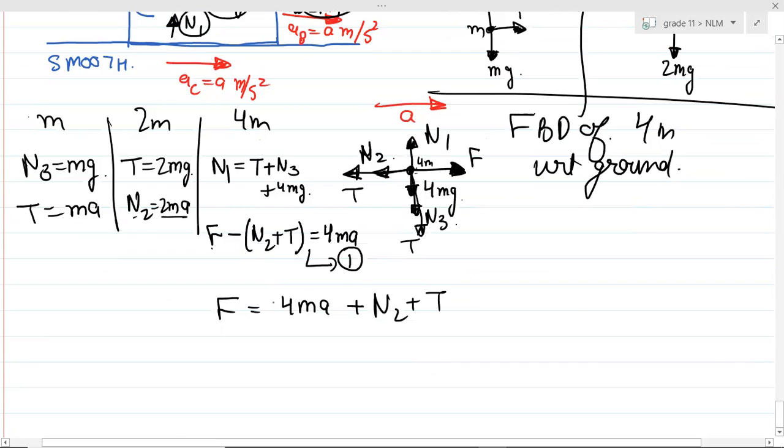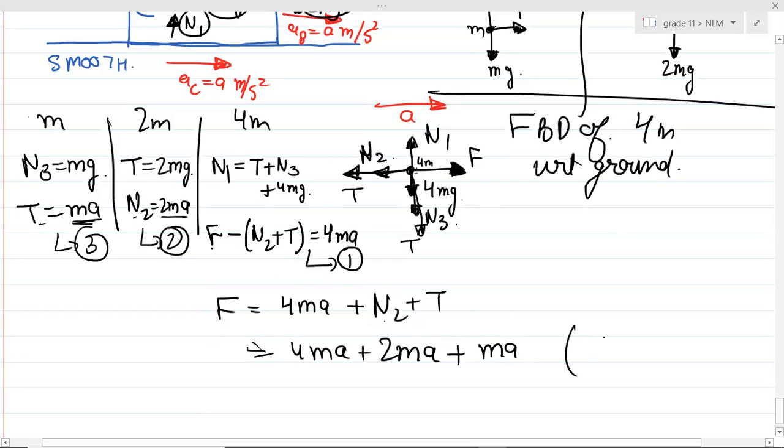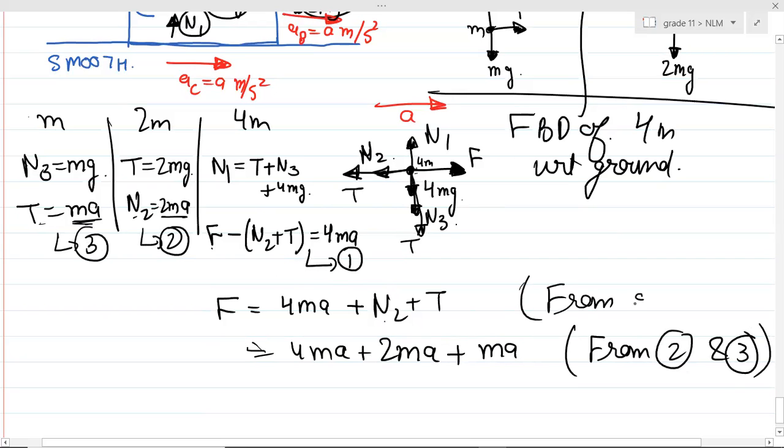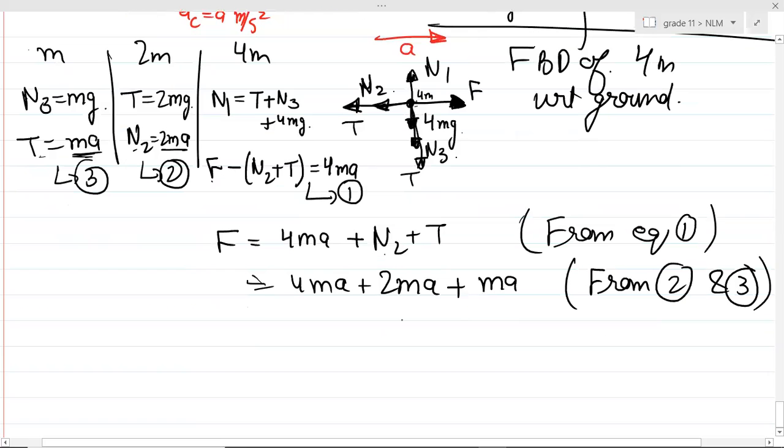N2 is equal to twice of ma, so 4ma plus, in place of N2, twice of ma, plus T, can you see T is equal to ma, so I am writing this. So from equation 2 and equation number 3, and this is from equation number 1, F will be equal to 7m into a.